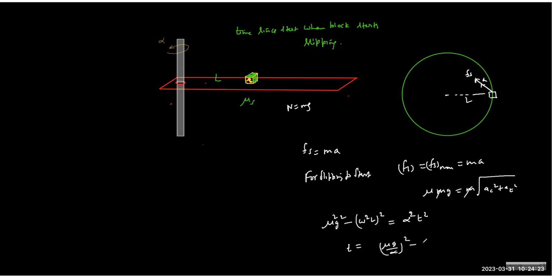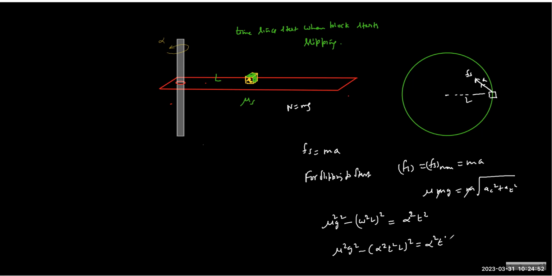Omega becomes alpha t, so this is alpha L. Actually, there omega you also need to replace with alpha t, right? So it is alpha square t square L whole square, a power 4 of t square, then we need to solve for t square and then take the root.